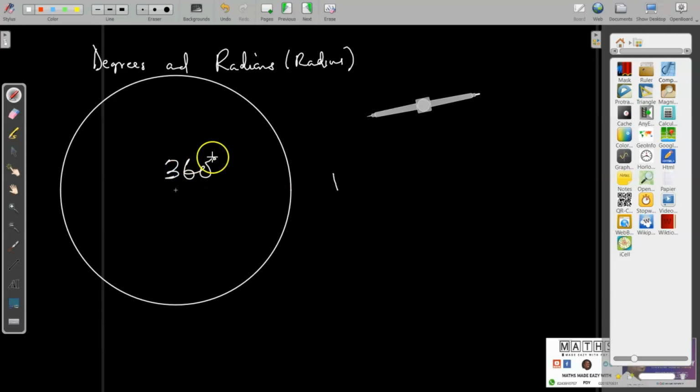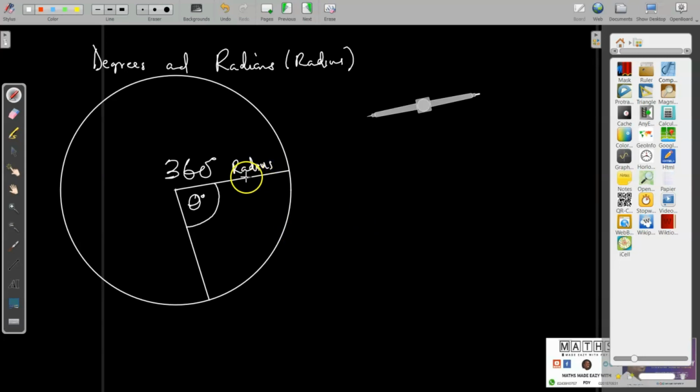We have 360 degrees measured in this given circle. Now we are moving forward, and in a circle, we have radius. Let me introduce another radius here. All right, so this gives me something like a sector. Beautiful. Now, we have an angle theta found in it. This is our radius, as I said.